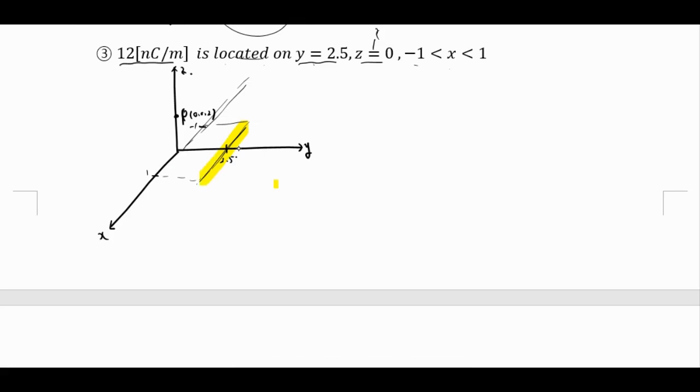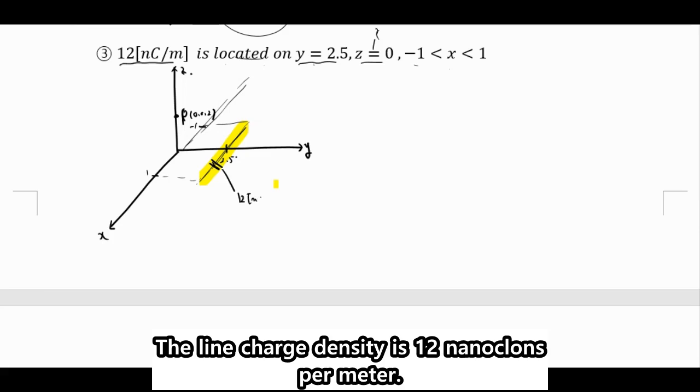This is a line charge. The line charge density is 12 nanocoulomb per meter.